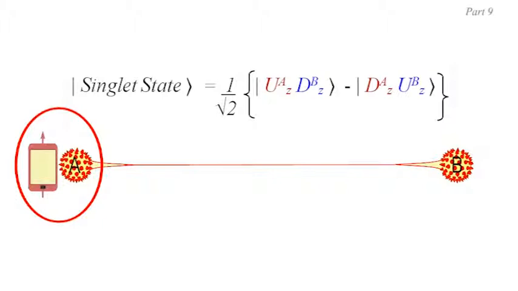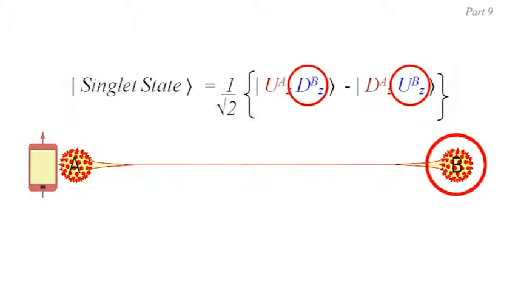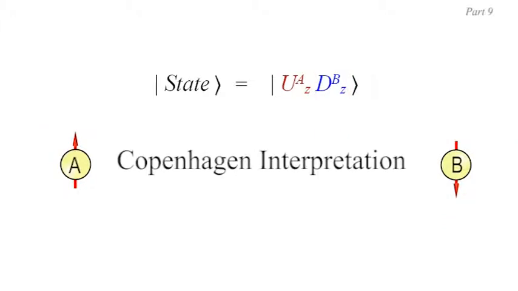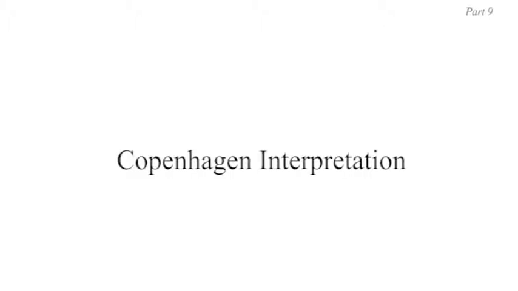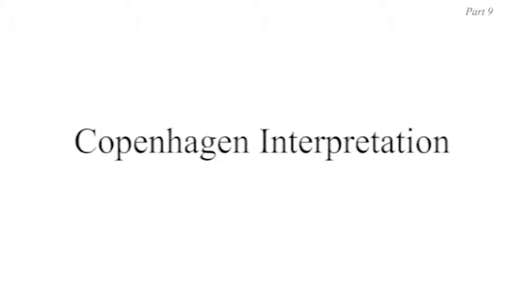And this collapsing of the wave function, or the state vector, when it suddenly changes from something uncertain, A up or down, B down or up, to something more definite, A definitely up and B definitely down, is known as the Copenhagen interpretation of quantum mechanics. There are other possible interpretations of quantum physics that don't collapse the state vector in this way, but the Copenhagen interpretation is currently the most popular amongst physicists, and no experiment has yet been done which could be said to disprove this way of thinking.